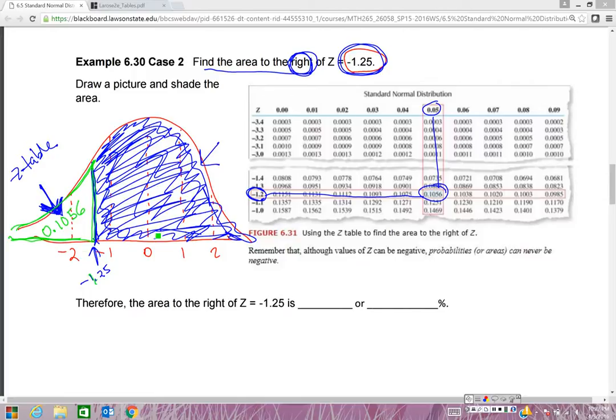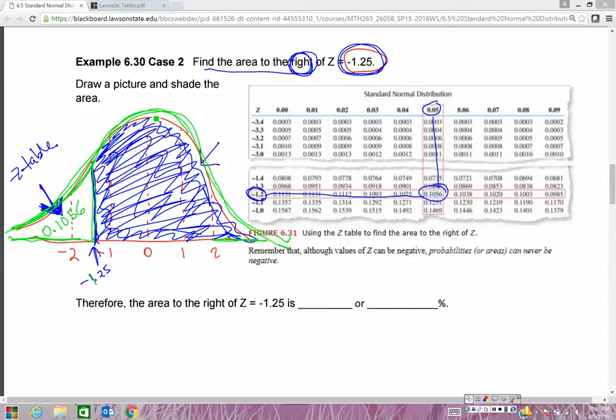How do you think we should find, using this information, the area to the right? Well, since everything under this bell curve is 100%, and because we're dealing with probability, it should equal 1.